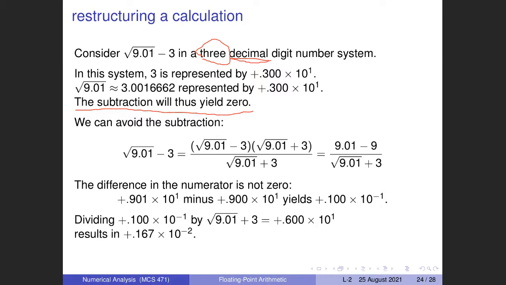So 9 and 9.01. So actually here we don't get 0 when we do the difference in the numerator. And then we actually get something that is very close to the accurate result. So here we get a result that is actually fairly accurate by restructuring the calculations.